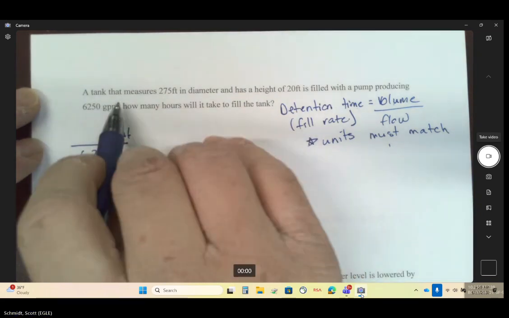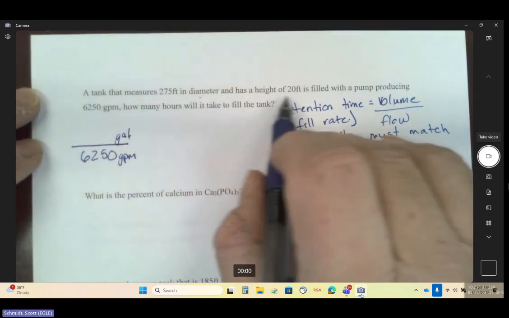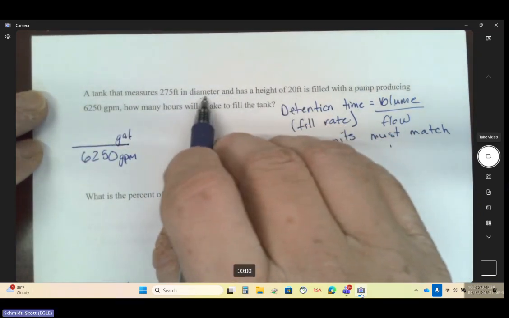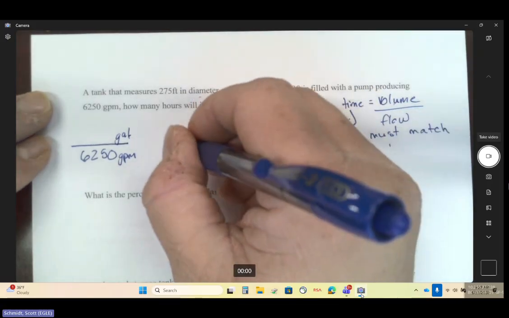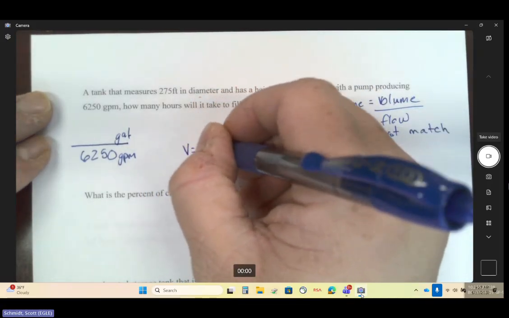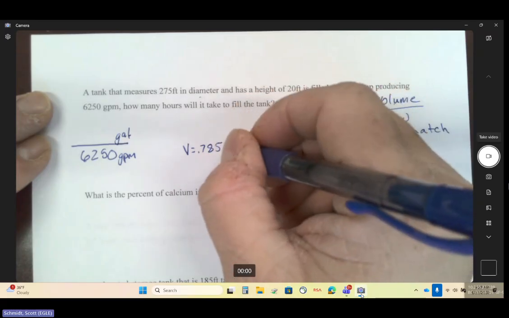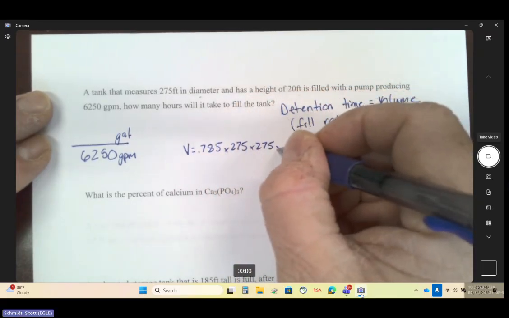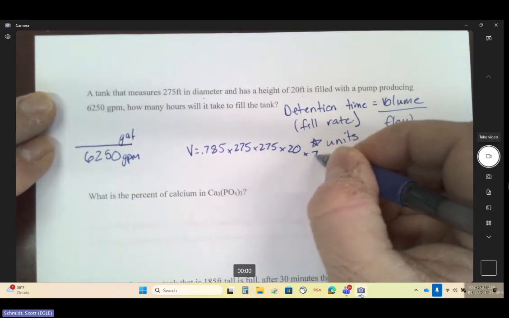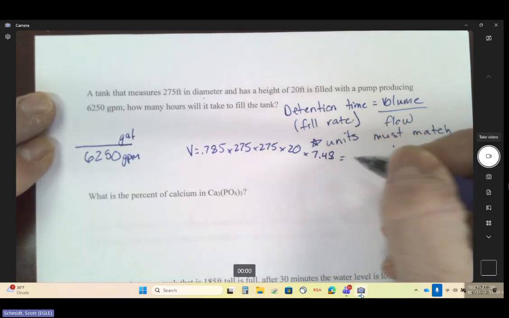So a tank that measures 275 feet in diameter with a height of 20 feet. First off, that means it's a circle, or a cylinder. So 0.785 times 275 times 275 times 20 times 7.48 to get it to gallons.